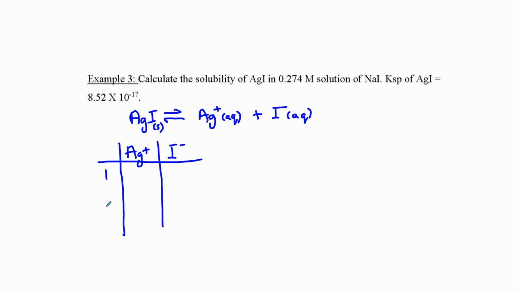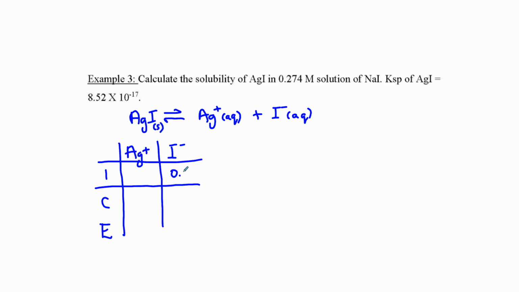So our common ion here is the iodide ion. If we're adding the silver iodide to the sodium iodide, there's already a concentration of iodide ions in solution, and that concentration, because this is a 1-to-1 ratio, is the 0.274.